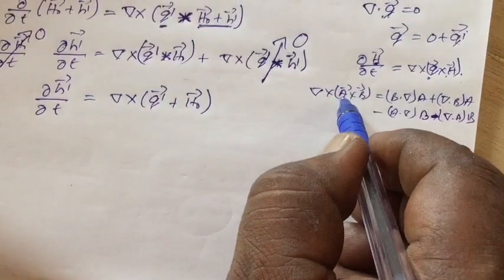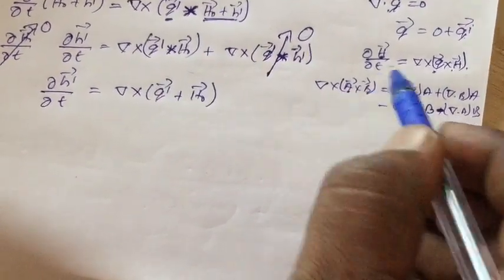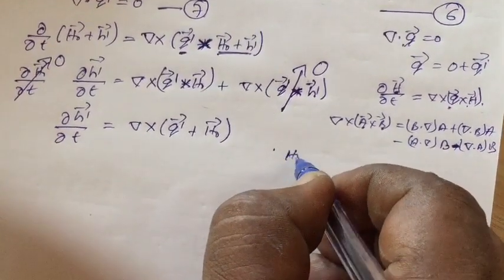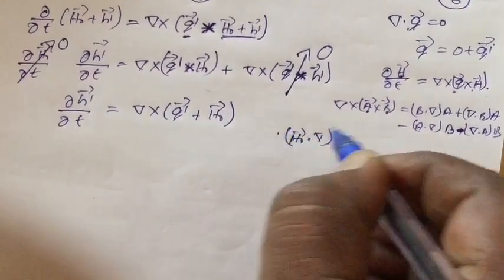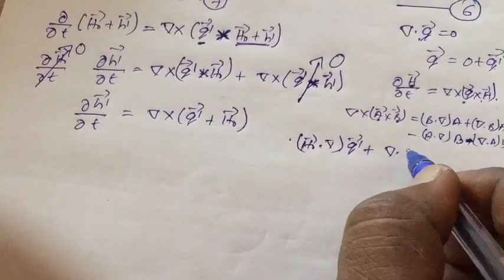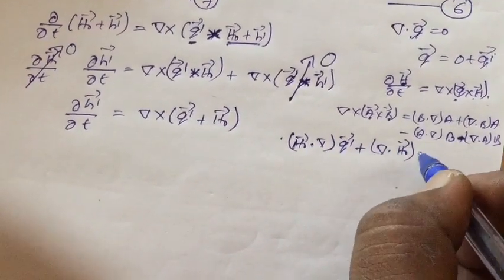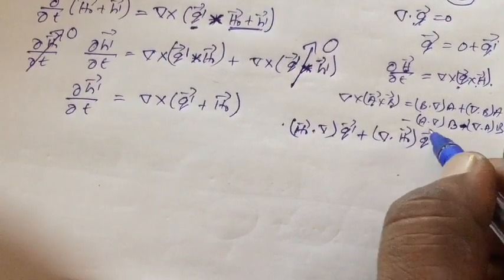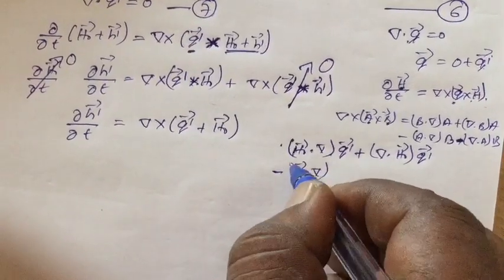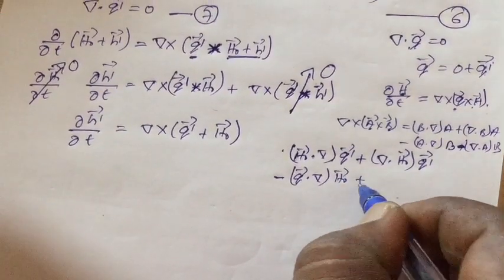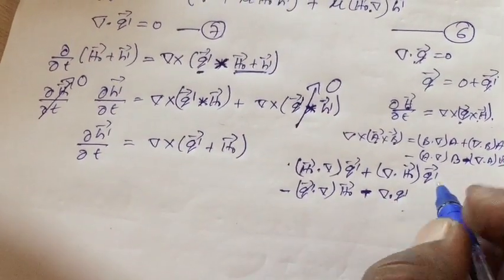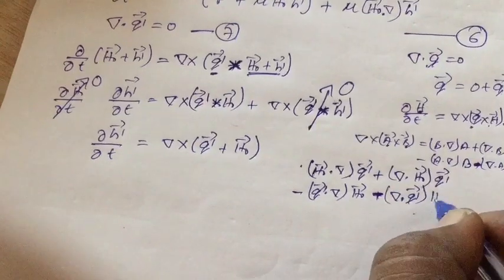So by substituting A is equal to Q dash and B is equal to H naught, this equation becomes H naught dot del of Q dash plus del dot H naught into Q dash, minus Q dash dot del of H naught, minus del dot Q dash of H naught.